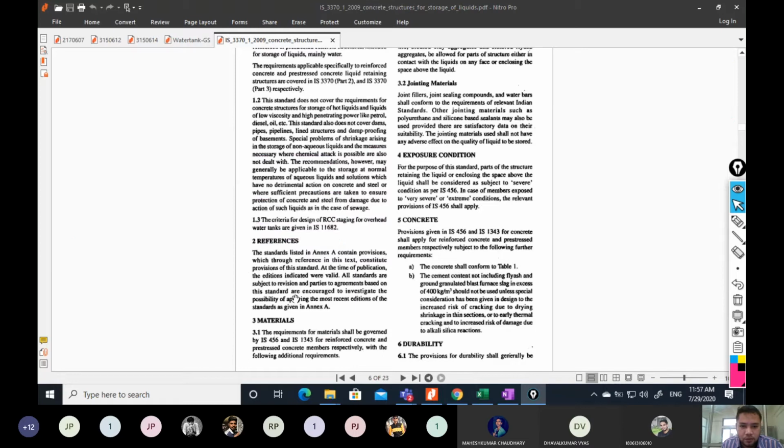So these are the references which you need to follow in addition to this code.